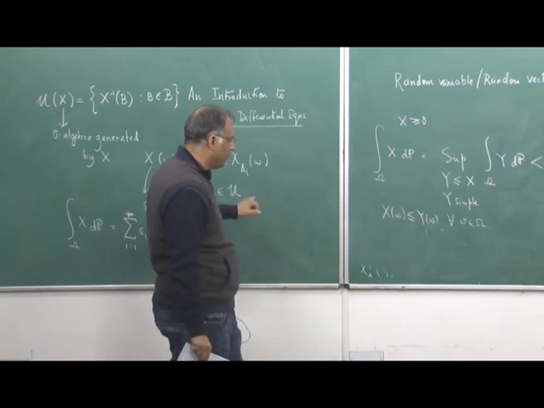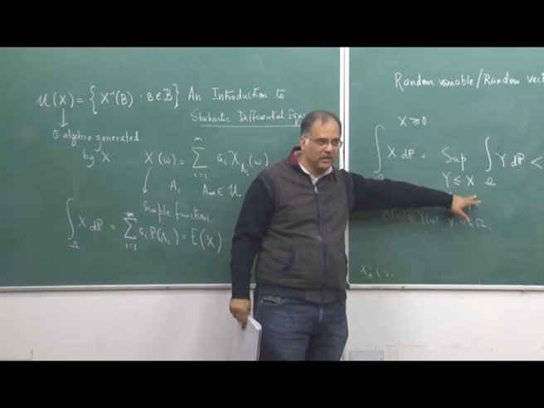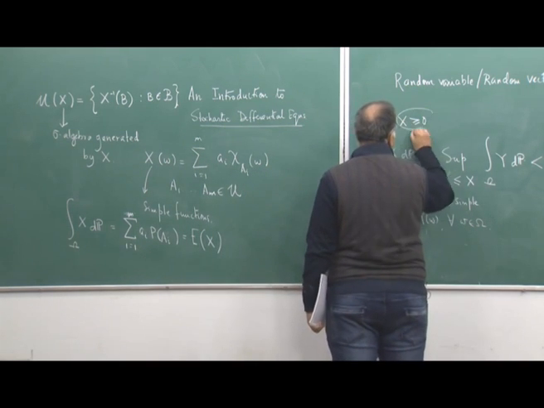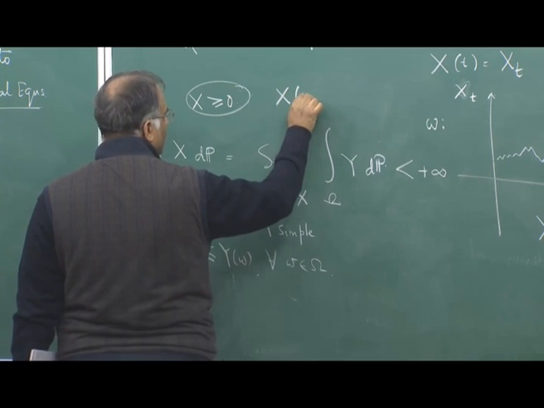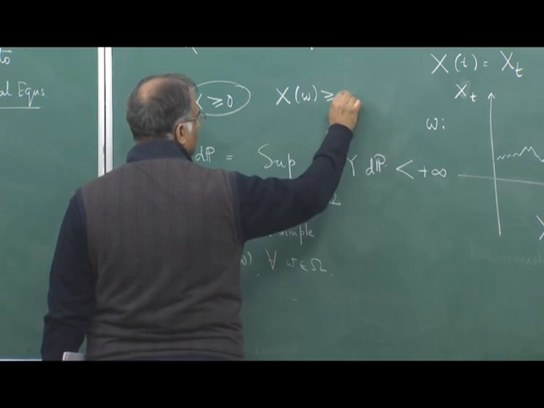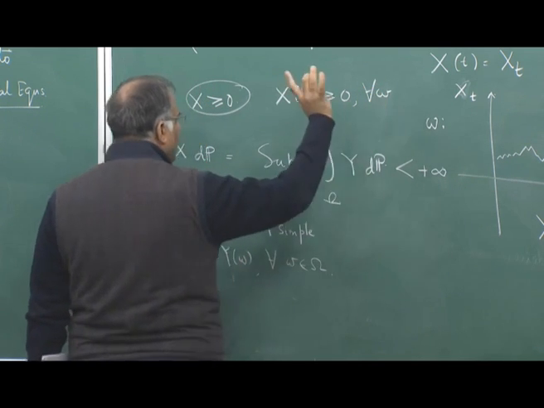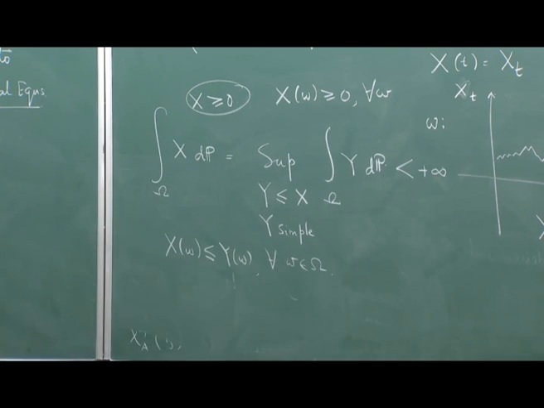If all the a_i's are negative, of course such a y is less than this. So, this definition actually works for a non-negative random variable, that is x of omega. Writing this for all omega is not really technically fine, but it does not matter for this situation. That is exactly what it means.